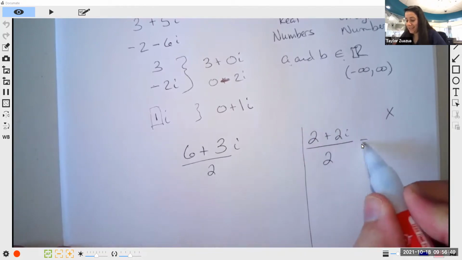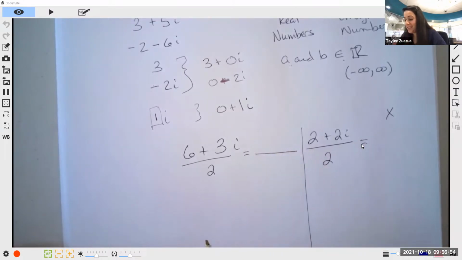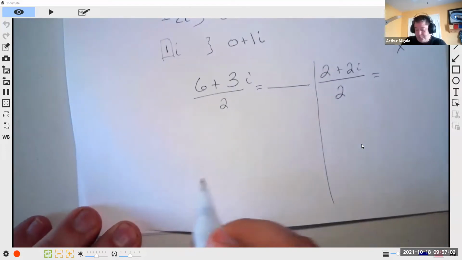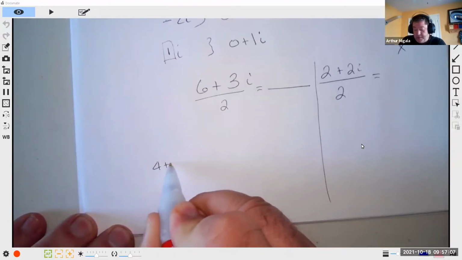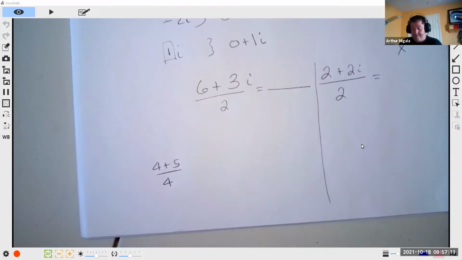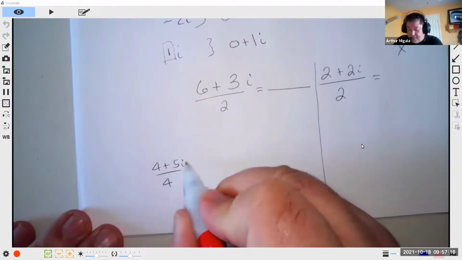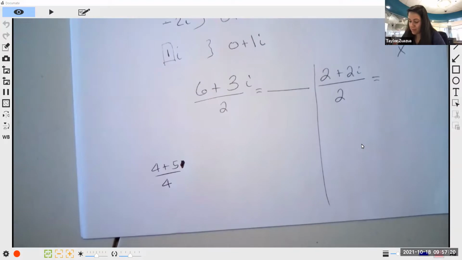I'm saying like with the 6 into 2, you can do 2 into 6 and then 2 into 2. Can you simplify that? Let's see. Let's prove that. If we had 4 plus 5i divided by 4, let's just do real numbers for now.